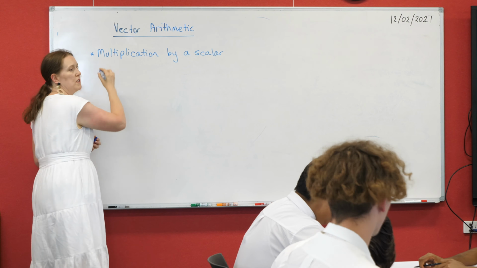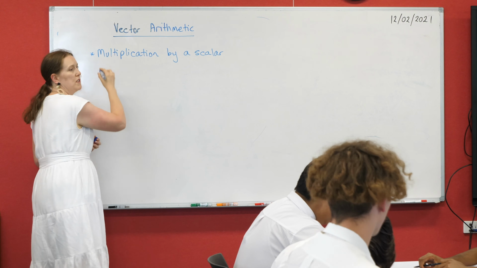We can look at it graphically, but we can also look at it in component form. So for example, if I had 3i, that's my component in the x direction, and perpendicular to that is our j, so 3i plus 2j, and we multiplied this whole thing by a scalar quantity.